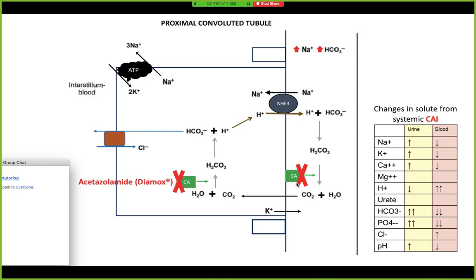So as a result, if you block carbonic anhydrase, you're preventing the amount of bicarb that's formed in the cell. So you have less bicarb reabsorbed into the body. As a result, one of the things that you're going to see is metabolic acidosis due to this lack of bicarb reabsorption into the body.